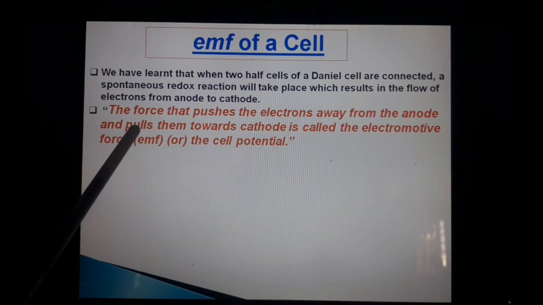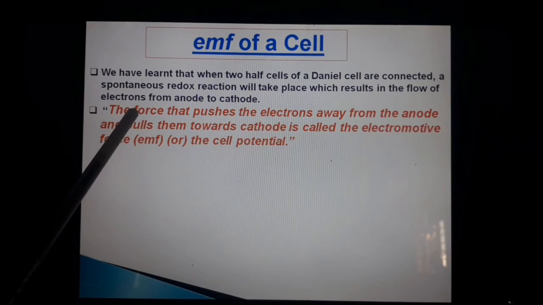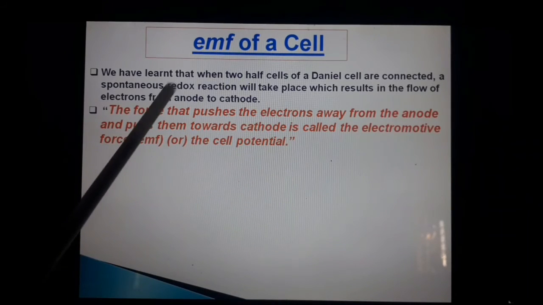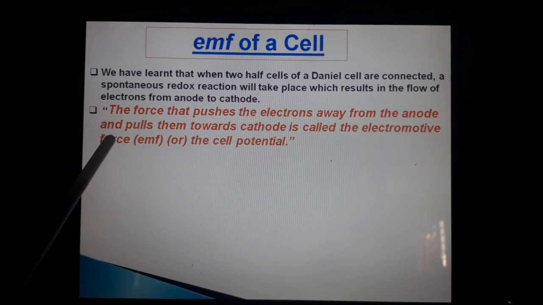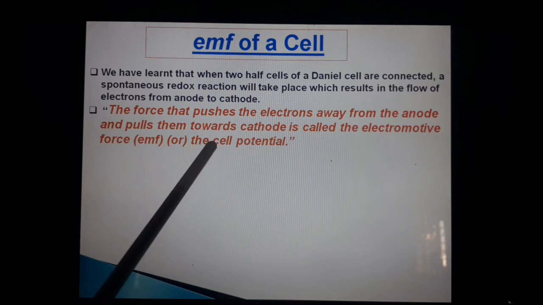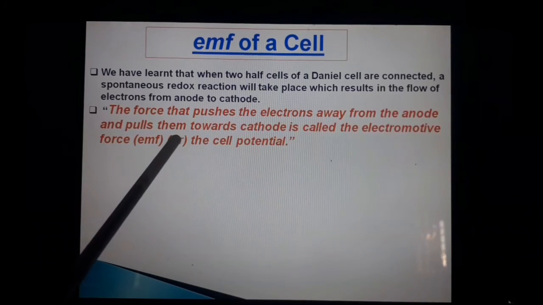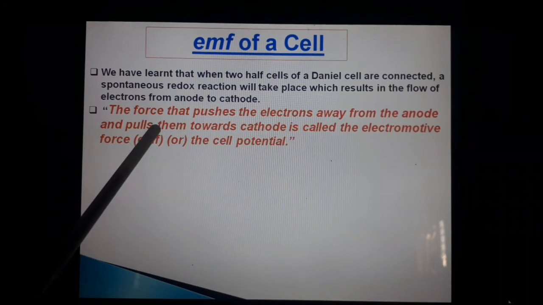They do opposite jobs: one electrode pushes the electrons, the other pulls them. Therefore this type of movement is called electromotive force or cell potential. Another name for EMF is cell potential. This definition is a very important 2 mark question.